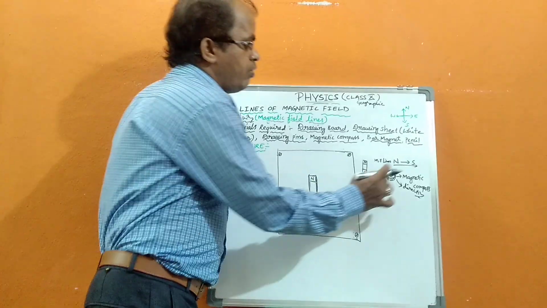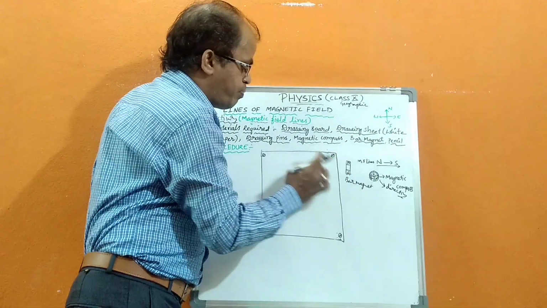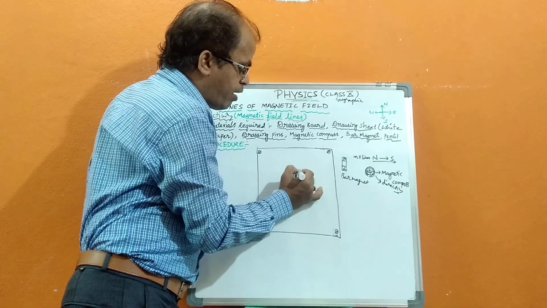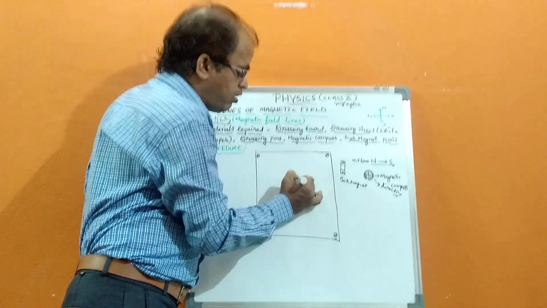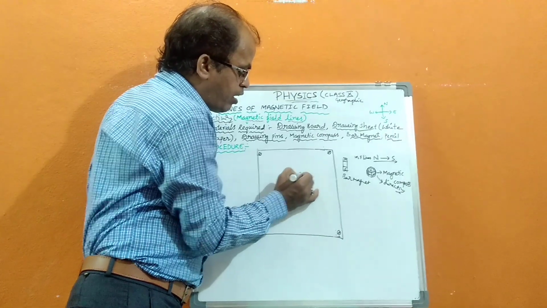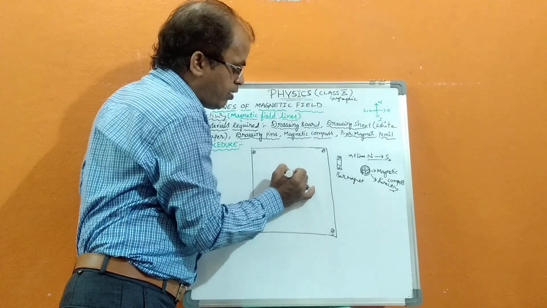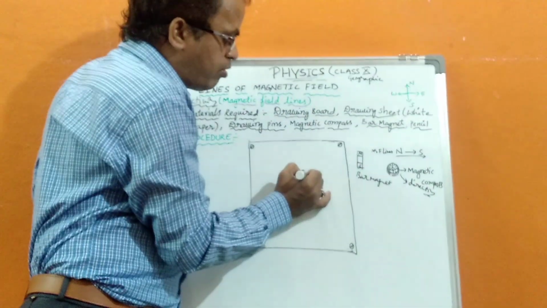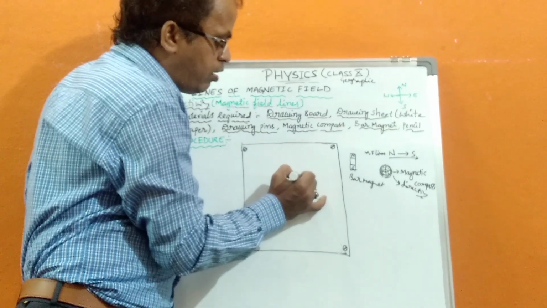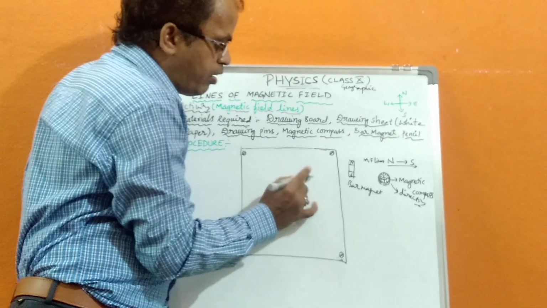Now again we bring the magnetic compass and place it near the north pole, and we can observe the deflection of the magnetic compass. Then put the dot at two ends.